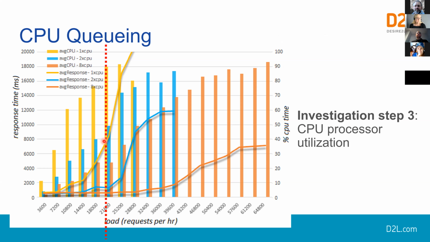At the same load, 2 processors, the blue line, takes 1 second to process, as we've seen previously, and following the blue CPU bar up, it uses about 50% of the processor's processing capacity. We can see why response time is improved.